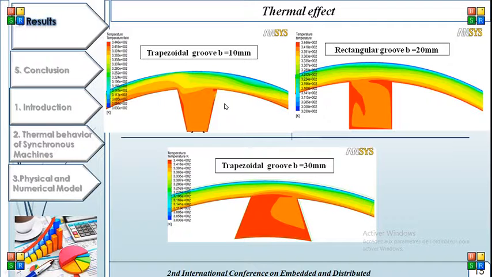At the same axial flow, the temperature decreases near the rotor wall as the base of the groove decreases. Thus, the trapezoidal groove with base b equal to 10 mm improves the heat exchange, because the creation of vortices within the channel gives effective cooling compared to the other configurations.